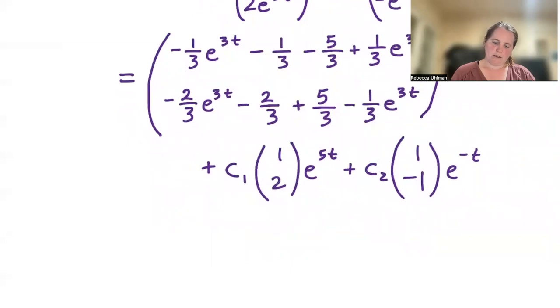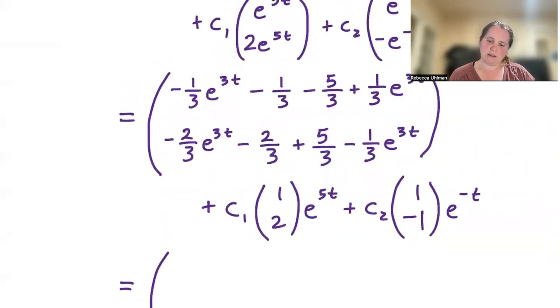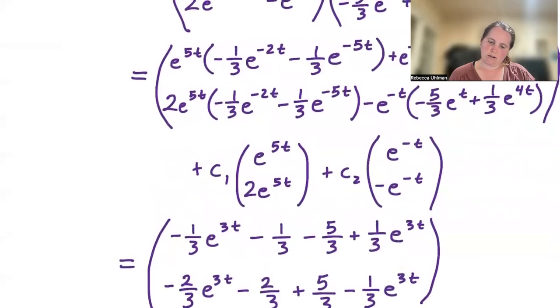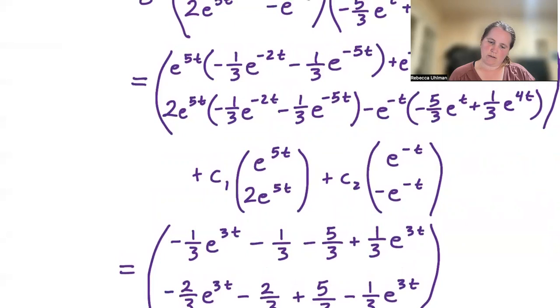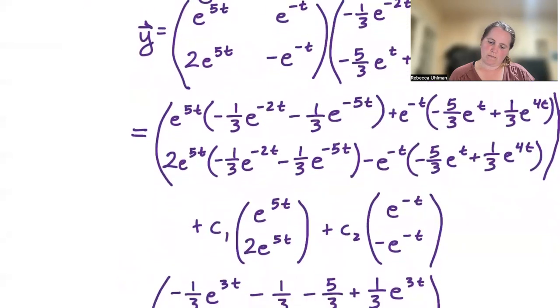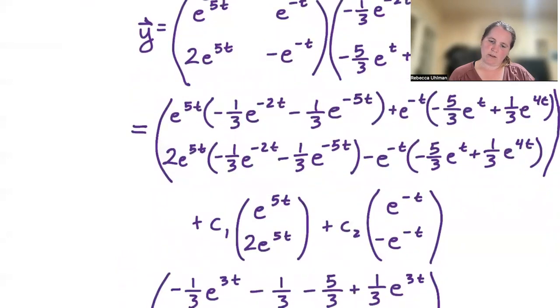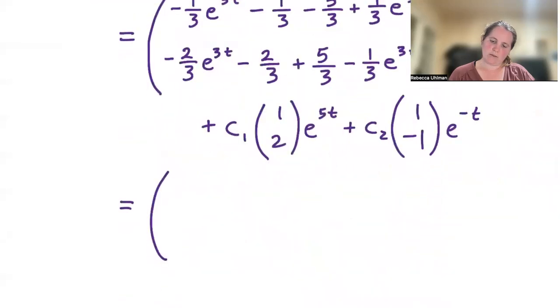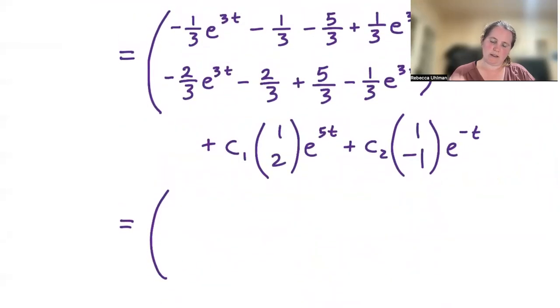From here, simplifying our first vector further, we have a -1/3 e to the 3t plus a 1/3 e to the 3t. Assuming I did my arithmetic correctly there, and that just cancels out. And we are left with a -2.